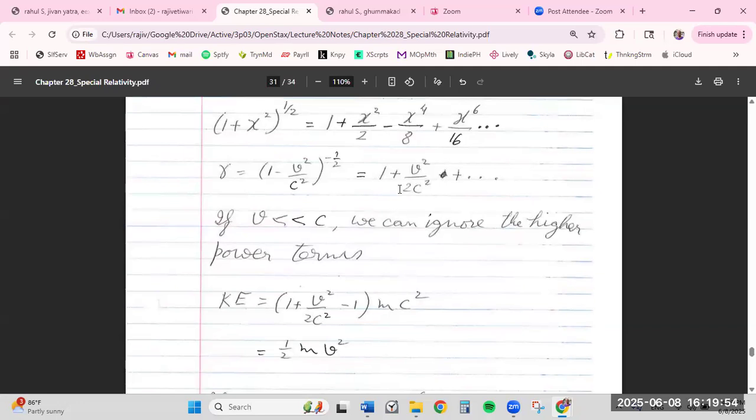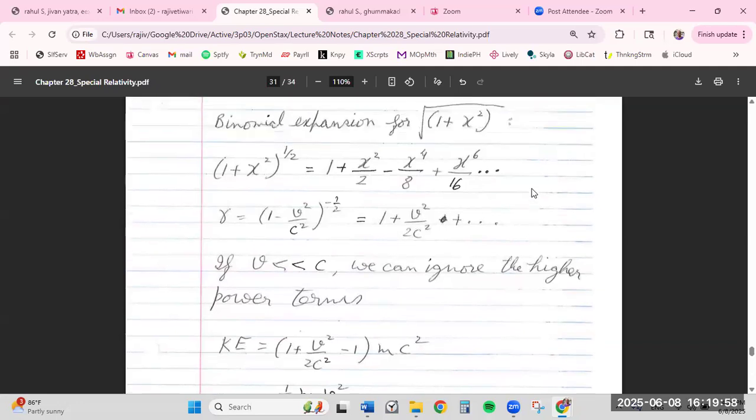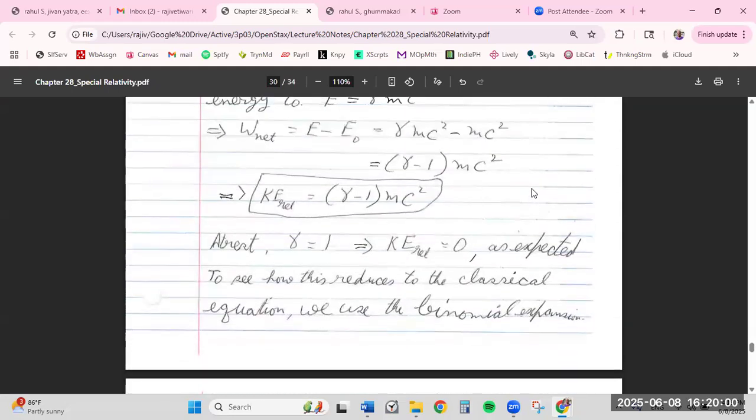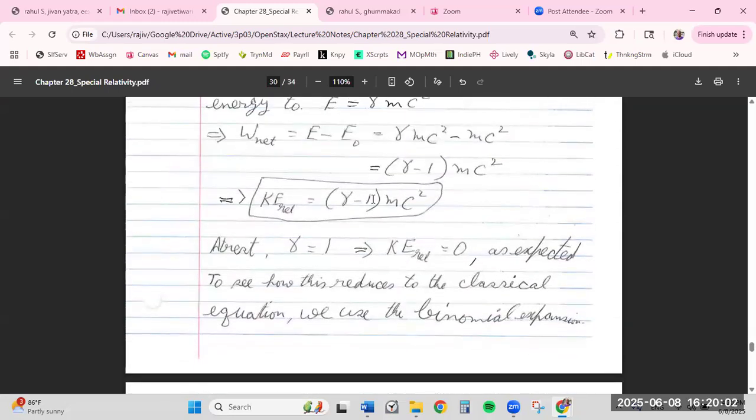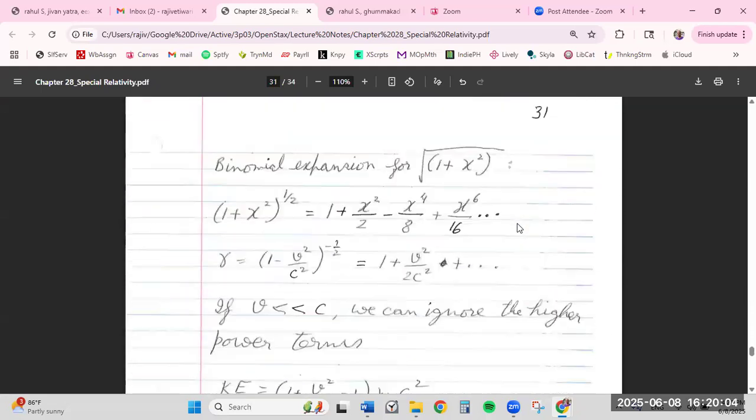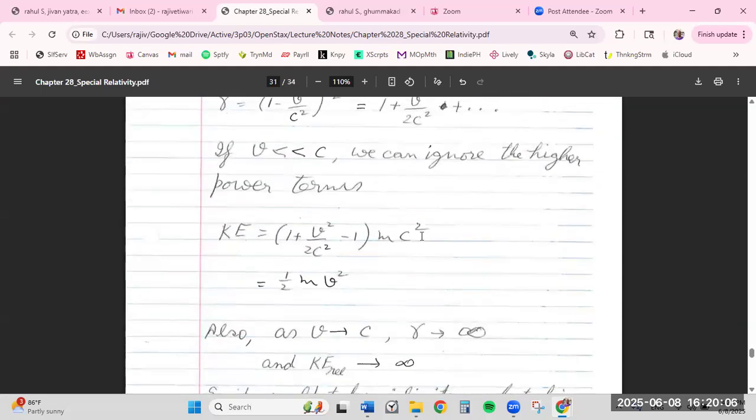If gamma is 1 plus v squared over 2c squared, then if you go back to the equation for kinetic energy, you basically get that. And then when you distribute the mc squared, you can see that the equation for kinetic energy is 1/2 mv squared, exactly what we had in classical physics.